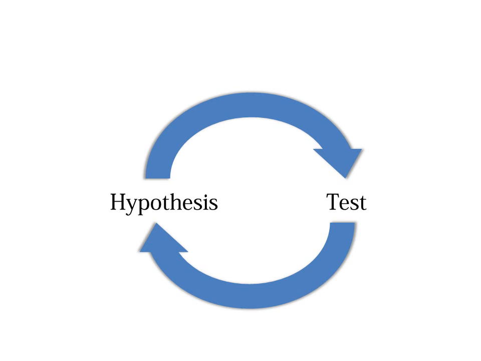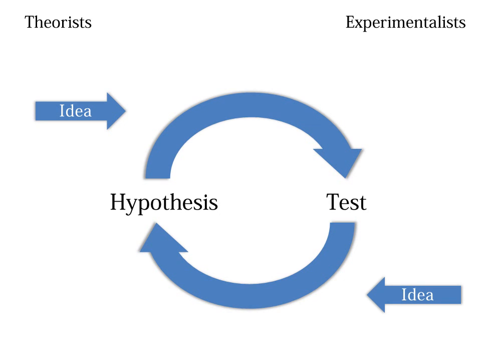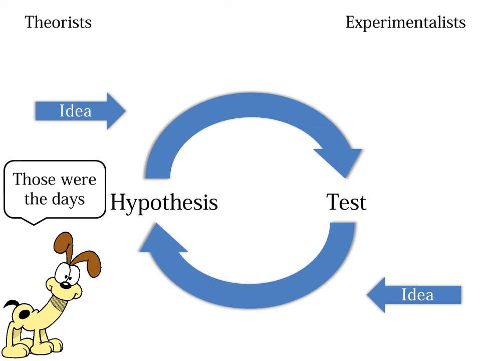Where do they come from? Well, they come from ideas that are either hypotheses coming from theorists, then being put to test, or ideas for experiments coming from experimentalists, and these feed the circle. And maybe that indeed was how science worked 400 years ago, but it is clearly not how it works today.